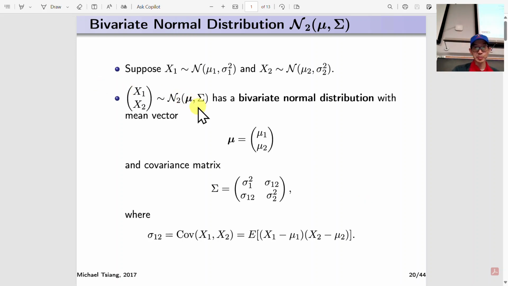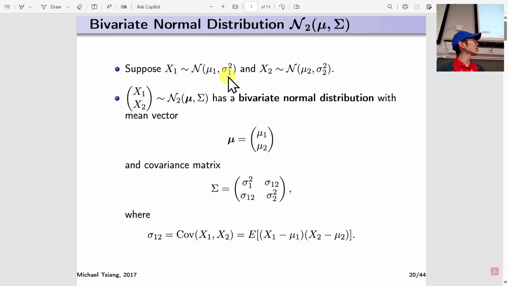And this comes from a normal distribution, but there's covariance between variables x1 and x2, okay? So x1 by itself is normally distributed, x2 by itself is also normally distributed, okay?